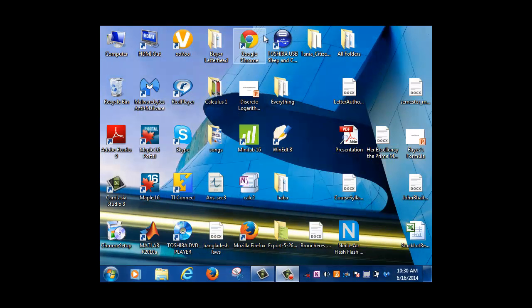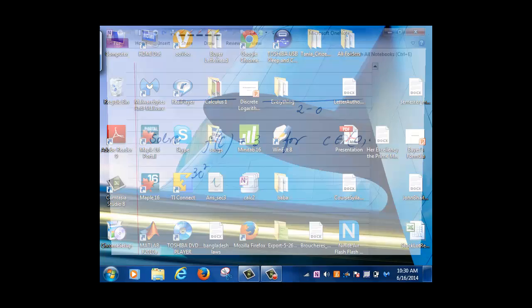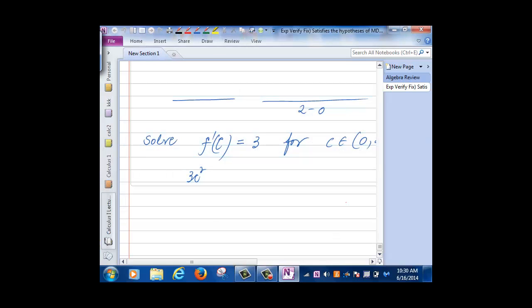But if we, your OneNote, it's a very large file. Oh, it is. If I change the, yeah, that might help. I've been using the same file, all my calculus, all of them are there.